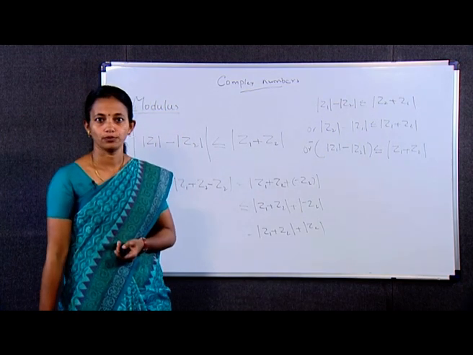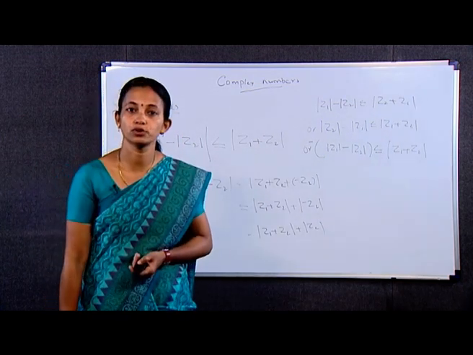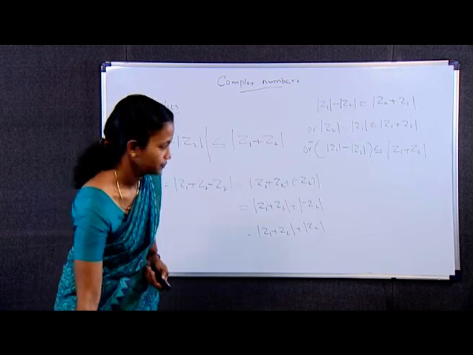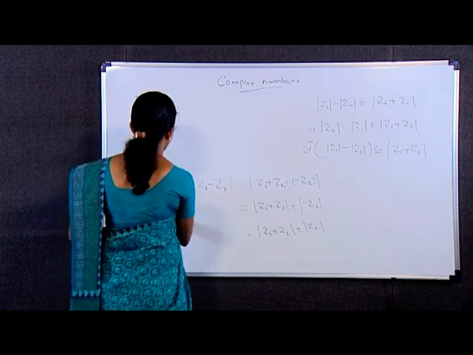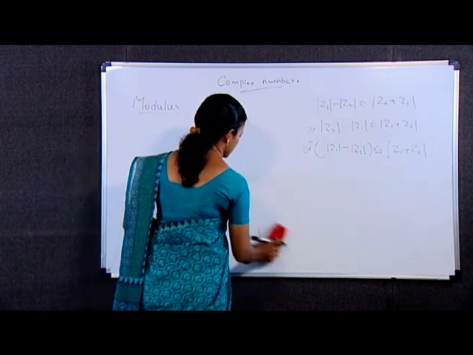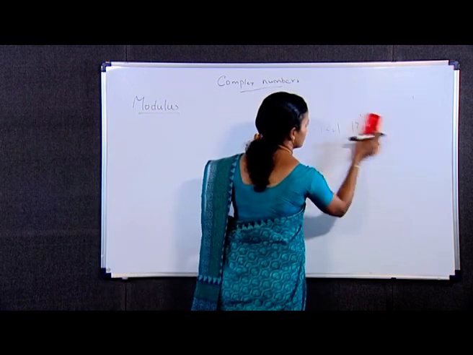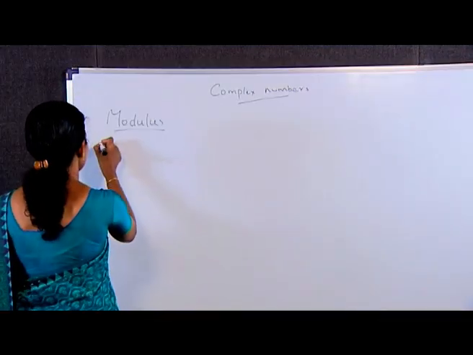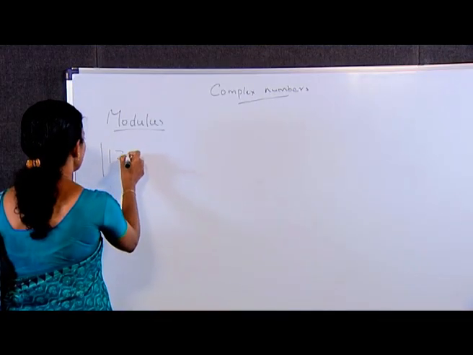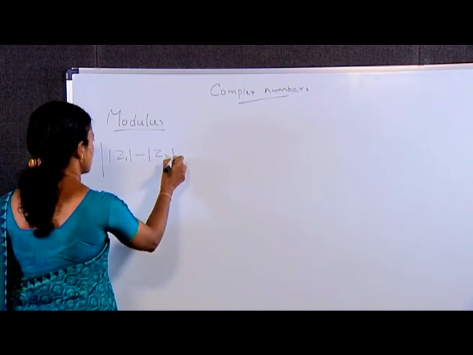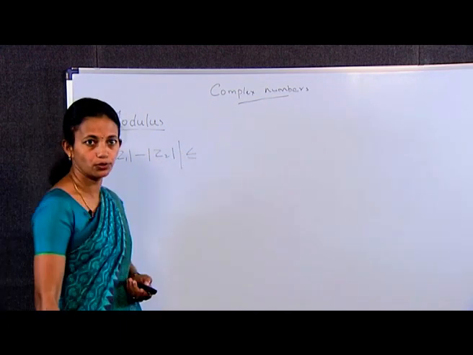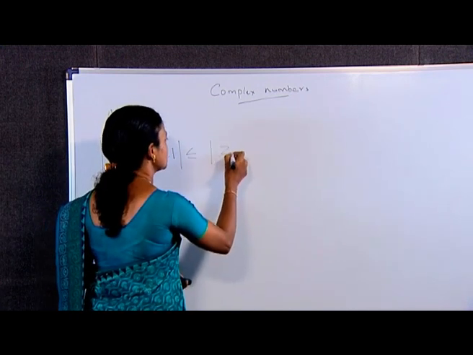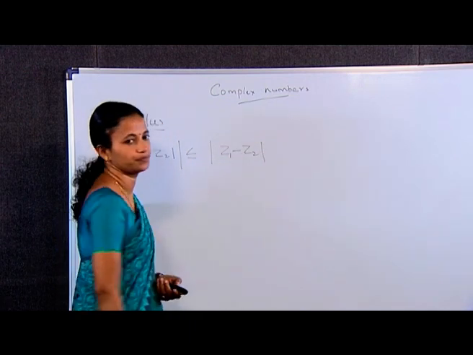Now, we prove modulus of mod Z1 minus mod Z2 is always less than or equal to modulus of Z1 minus Z2.